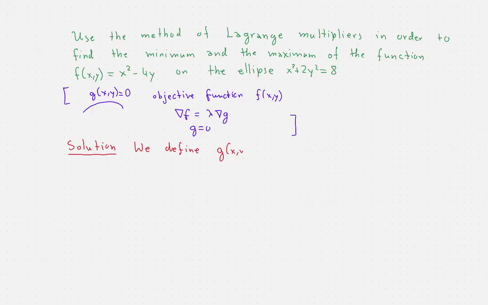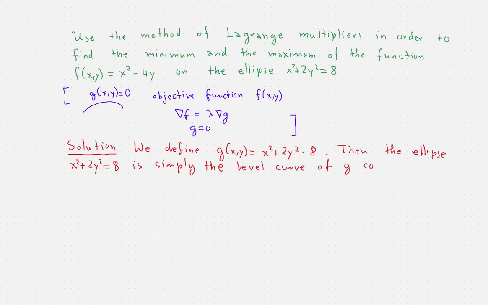Then the ellipse x squared plus 2y squared is equal to 8 is simply the level curve of g corresponding to the value 0.